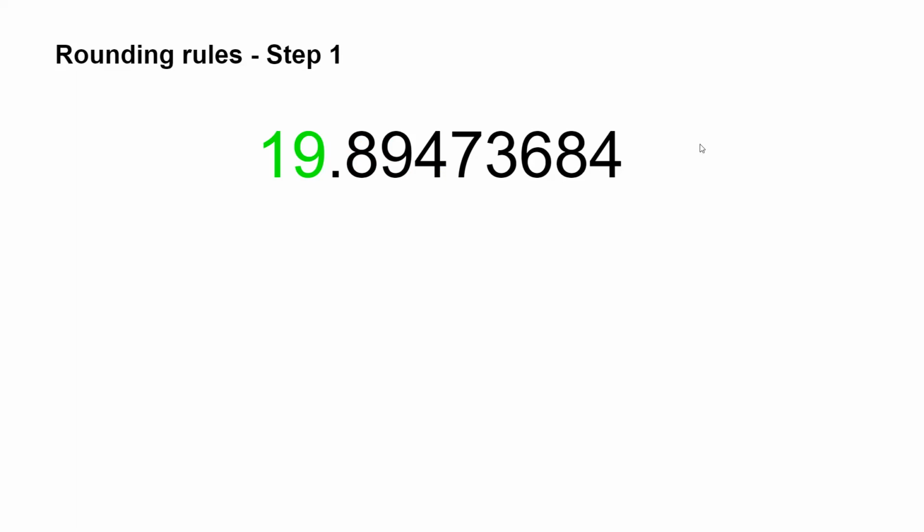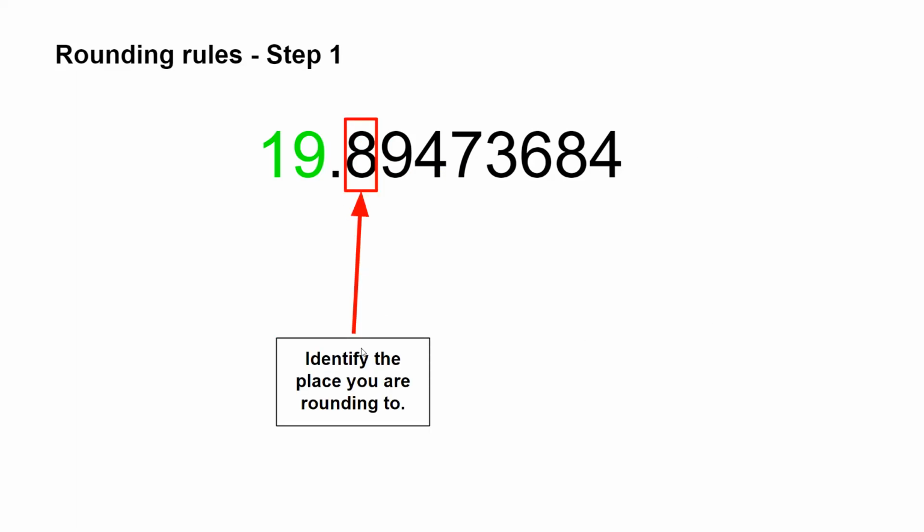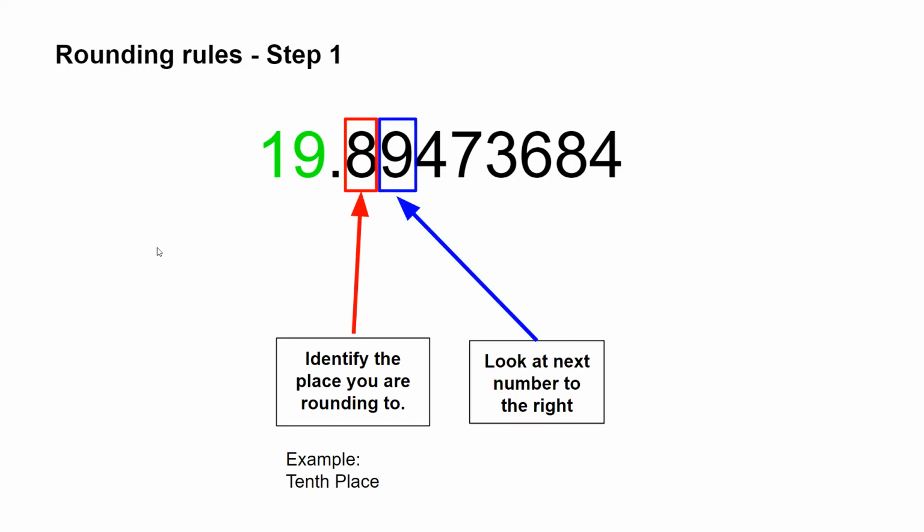Here is a number. Step 1 is we need to identify the place that we are rounding to. In this case, it's the 10th place, the first number to the right of the decimal. So we locate that number. This is the number we are thinking about rounding. And then we look at the next number to the right.